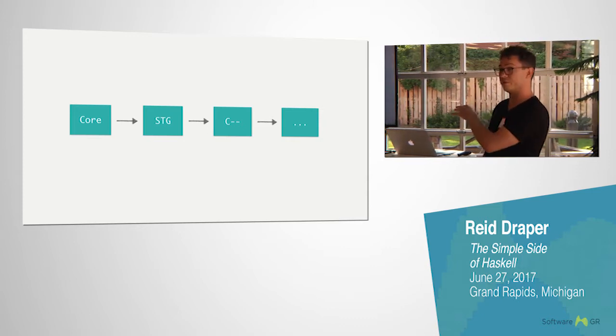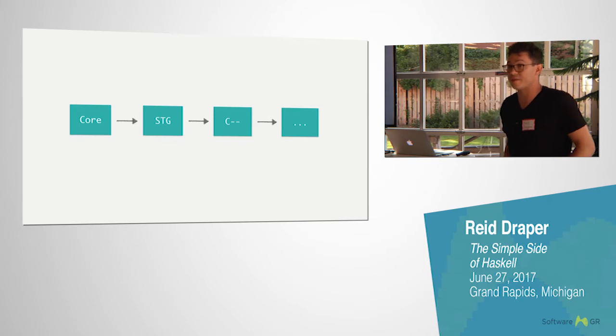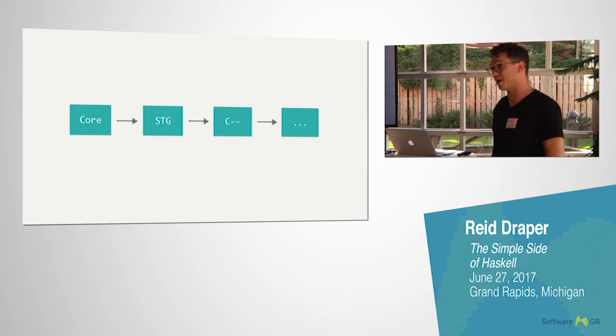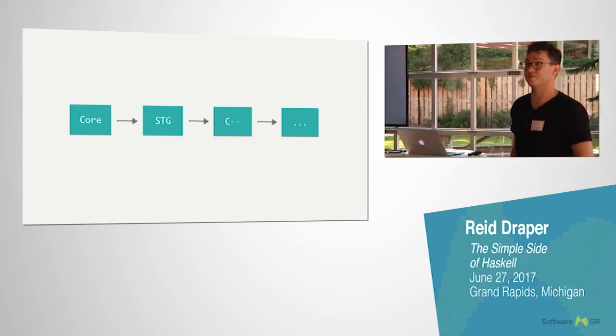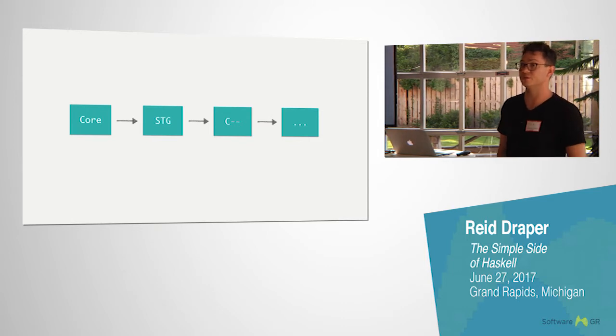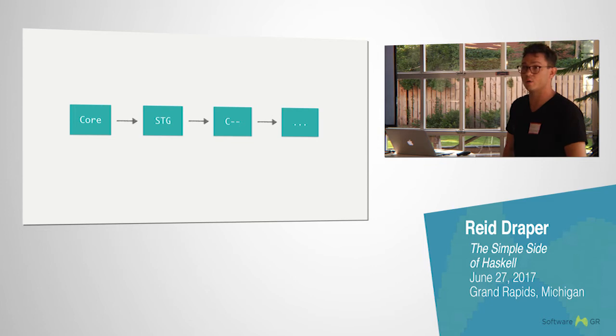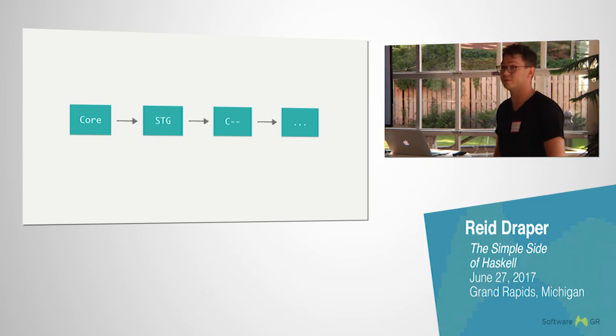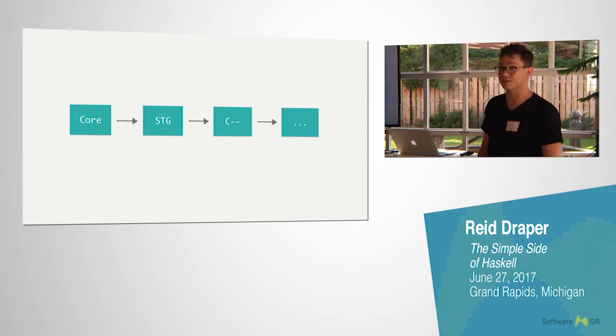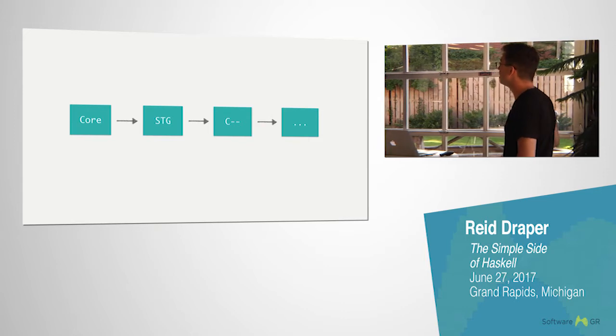This is with the GHC compiler. And that gets compiled down to something called C--, and then you have different backends that you can use to compile your code down to machine code, be that LLVM, or you can compile to C and then use something like GCC to compile to machine code.